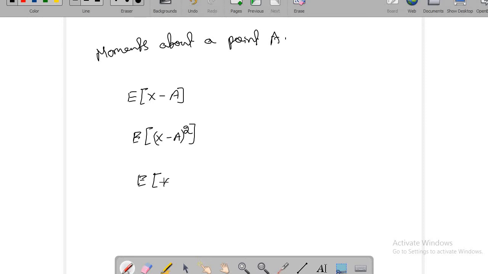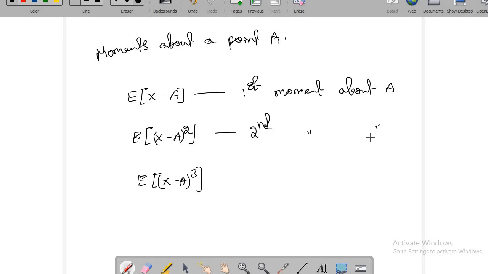So expected value of x minus a whole cube. And of course, you can similarly see what is the rth moment about a.